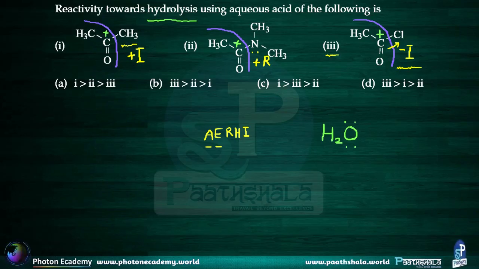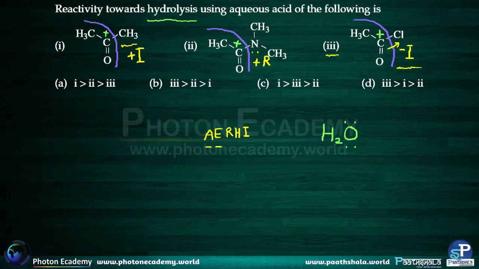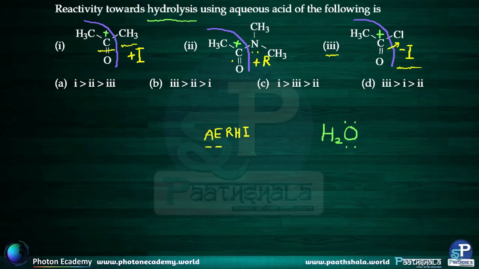I plus is going to donate lower amounts of negative charge. Thus, we can say that the carbonyl carbon in the first organic compound is going to be more positive compared to the carbonyl carbon in the second compound, as more electrons will be donated here due to the R plus effect. Thus, after a thorough analysis of all the three options, what we can comment is that option D is the appropriate answer.